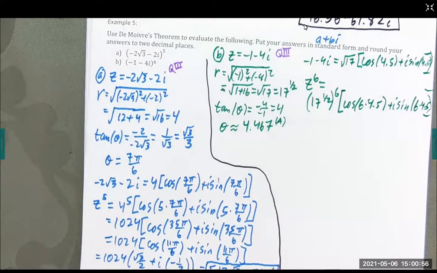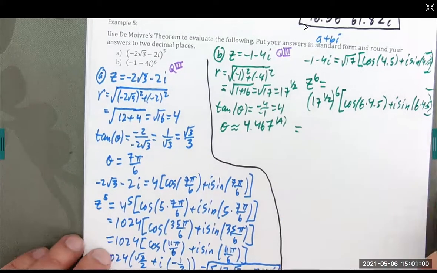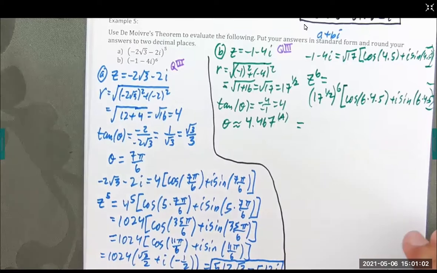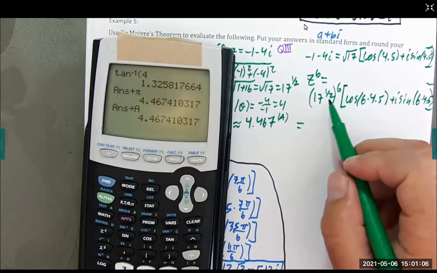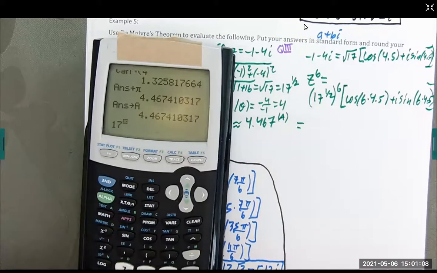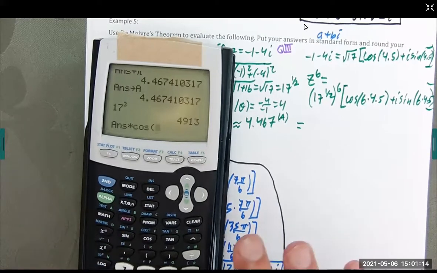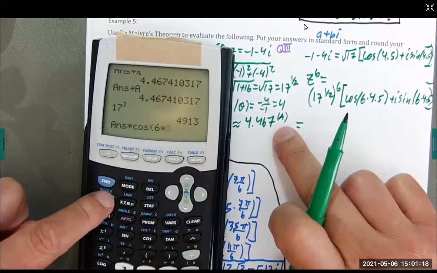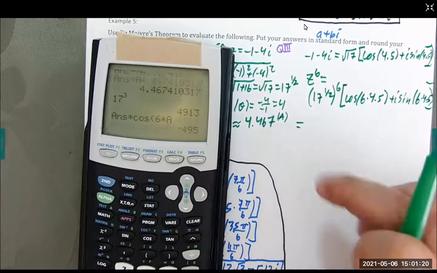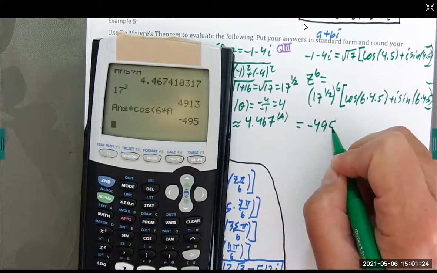All right. Now they want this in standard form. So you can see when you multiply these exponents here, you get to the 3rd power. So 17 raised to the 3rd power times cosine of 6 times memory A. Ooh, we got nice pretty whole numbers here, negative 495.